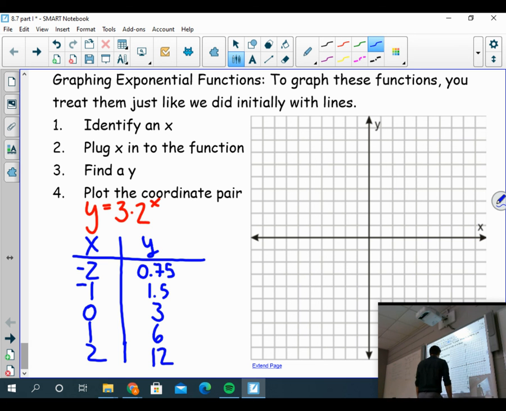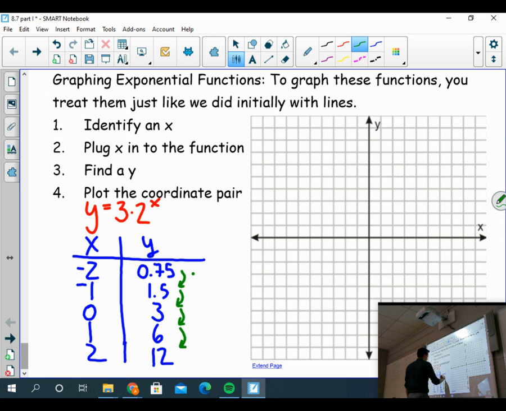By the way, before we do, an interesting point to note: you will know you filled your table out correctly if, in moving through your table, your rate of change is displayed. What do I mean by that? Well, with 2 to the x, we're saying we're doubling. Our rate of change is 2. If we are doubling, then we should expect that as our x value increases, we would multiply by 2.